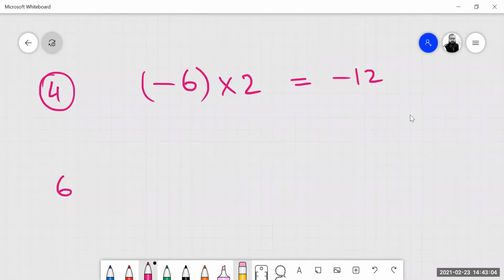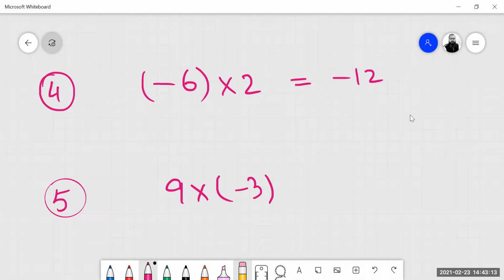Number 5. 9 multiply minus 3. Answer? Minus 27.